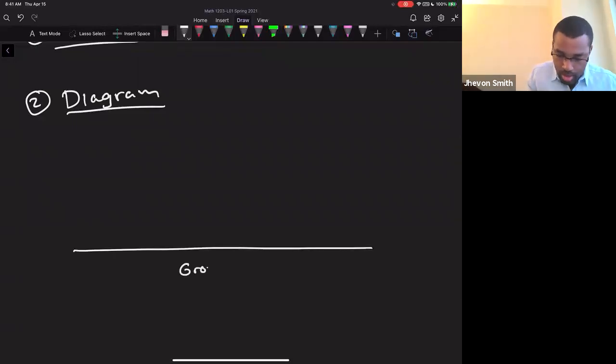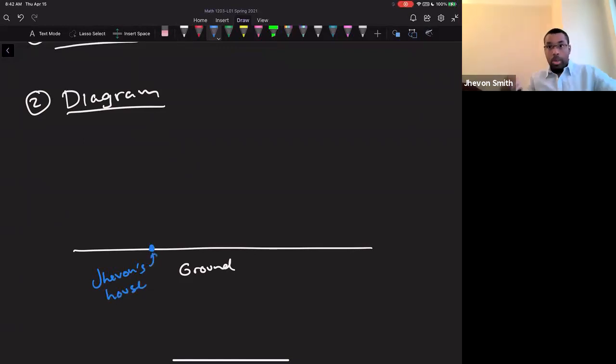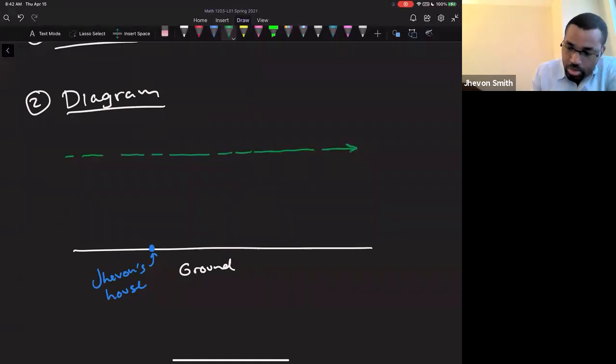Okay, so here's the ground. Here's Jhevon's house. Jhevon's inside minding his business, probably teaching a class. Right. So this is Superman. Superman's trajectory, flying over the house.